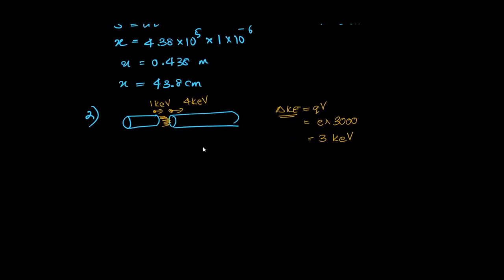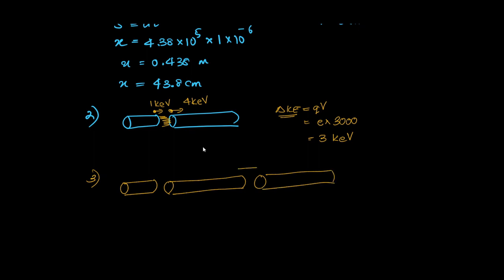Now we know until the electric field comes to a desired direction, the particle has to travel inside the second tube. Until the electric field changes to this direction between the second and the third tube, the particle is required to travel inside this tube.